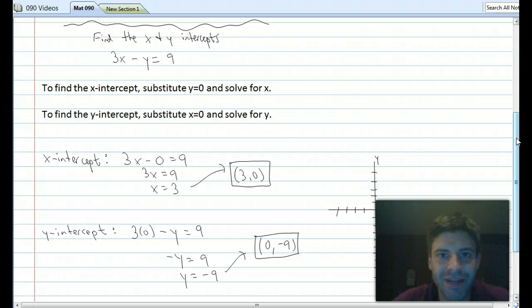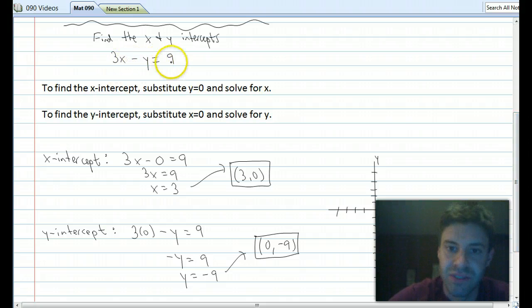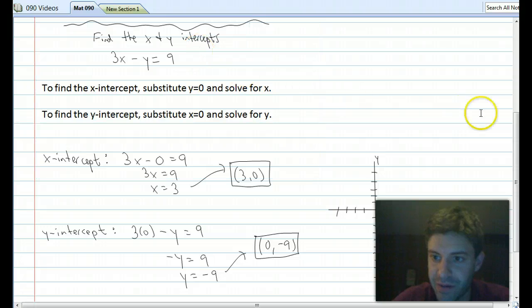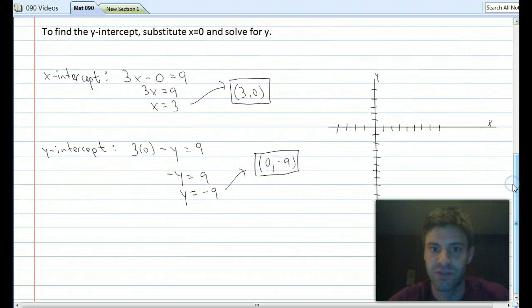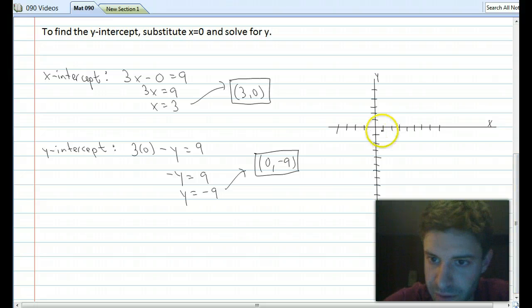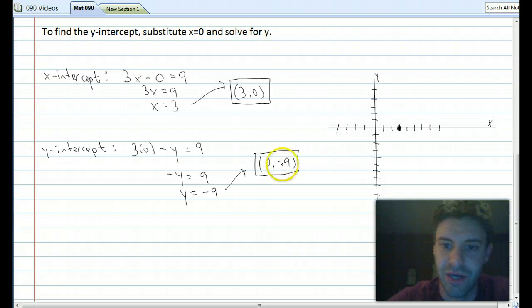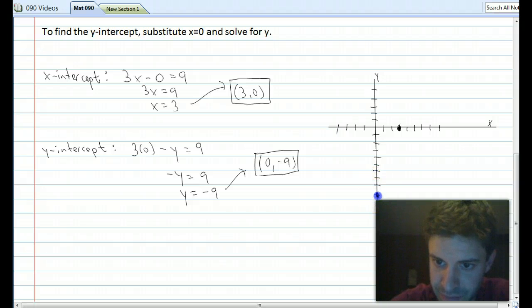The cool thing about finding x and y intercepts is you can actually use them to find the graph of a line. So our line was 3x minus y equals 9. We found that the x-intercept on this graph is going to be (3, 0): 1, 2, 3, 0 right there. And we found the y-intercept of this graph is going to be (0, -9), which is down here: 3, 4, 5, 6, 7, 8, 9.